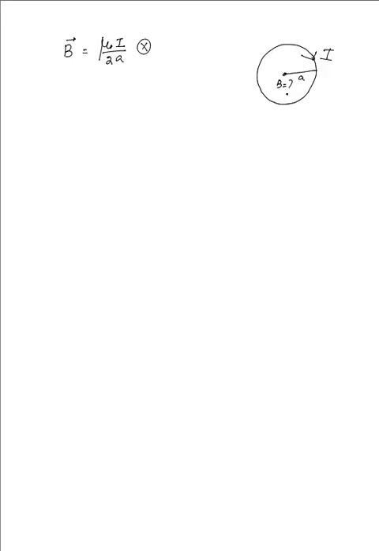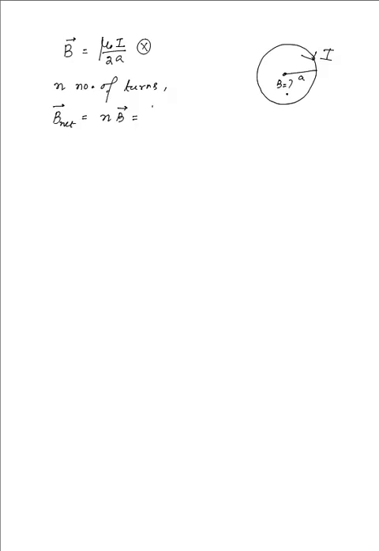Now, for n number of such turns, what we know is that because the magnetic field for each of those turns is going to be directed along the same direction, even when we add vectorially, the net magnetic field in this case is going to be n times the magnetic field due to a single turn, which we have already obtained to be equal to mu naught I over 2a.